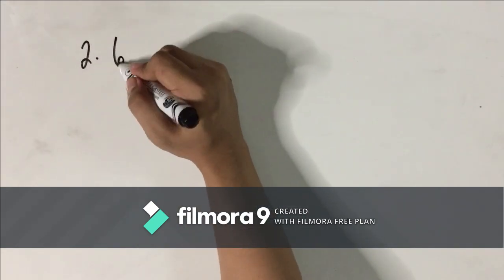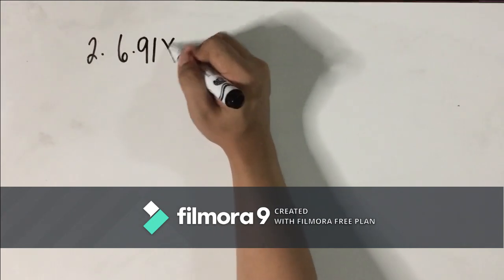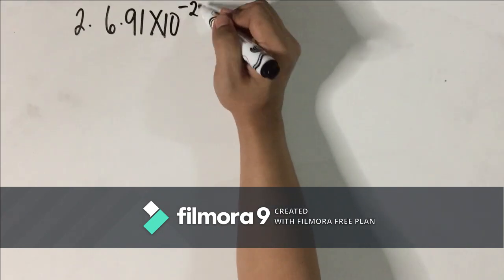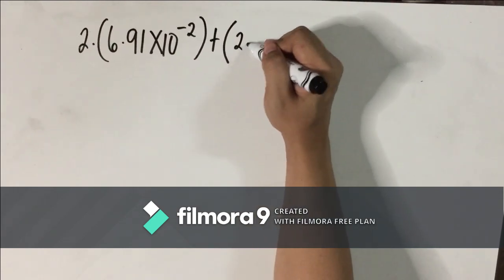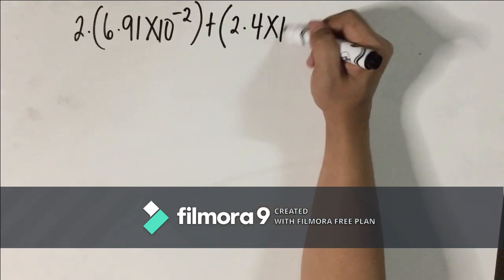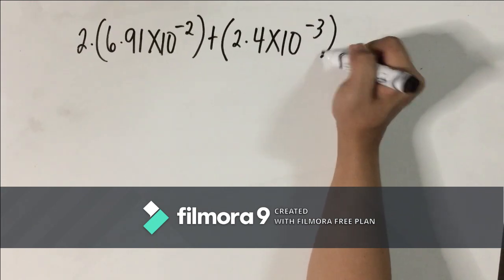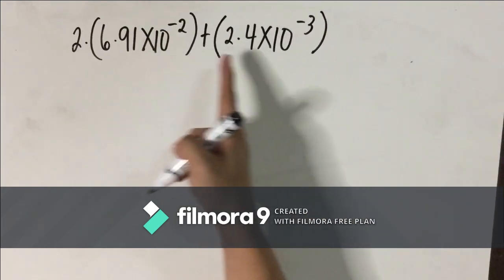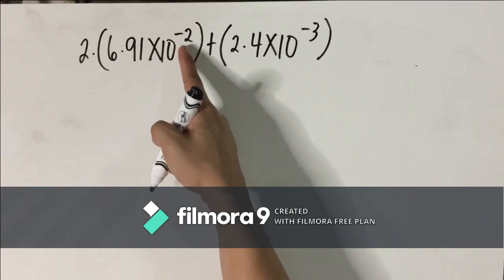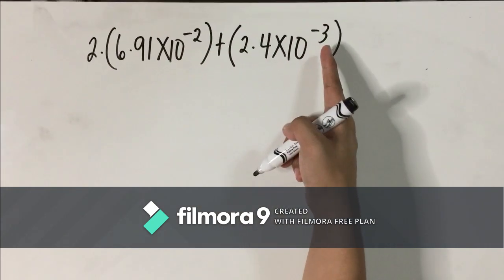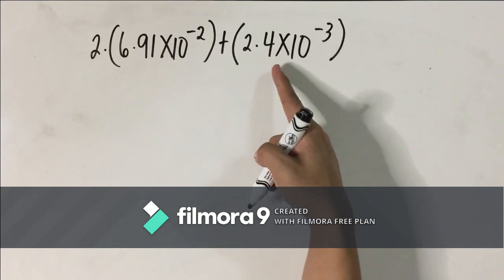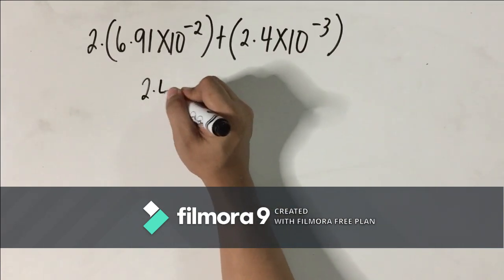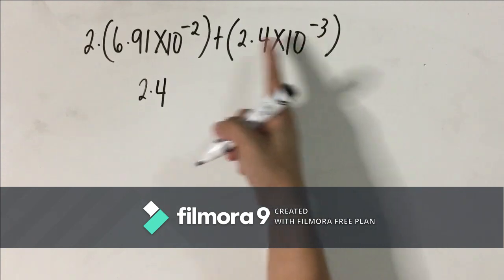Now let's have number 2. We have this given 6.91 times 10 raised to negative 2. So same operation, plus 2.4 times 10 raised to negative 3. So we have to do the same, analyze which among them must be altered in terms of its exponent so that they can have the same exponent. So by merely analyzing, we have to work with 2.4 times 10 raised to negative 3.